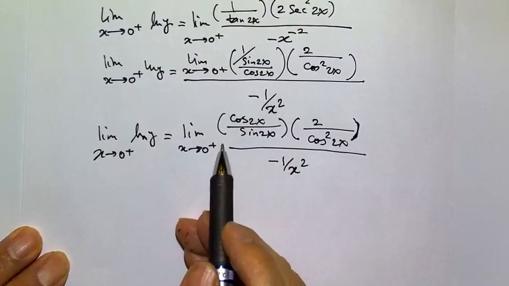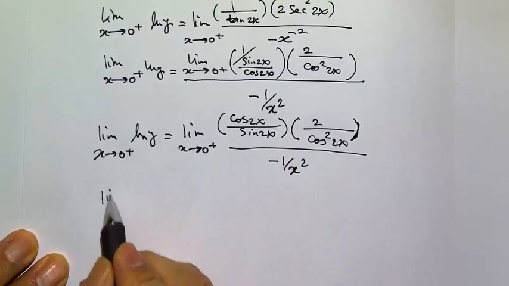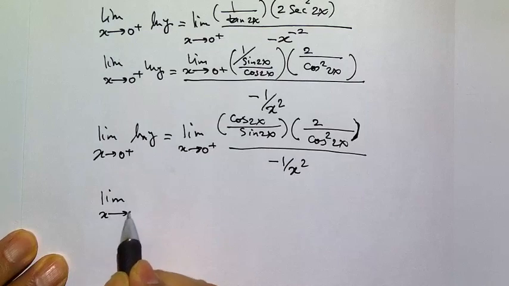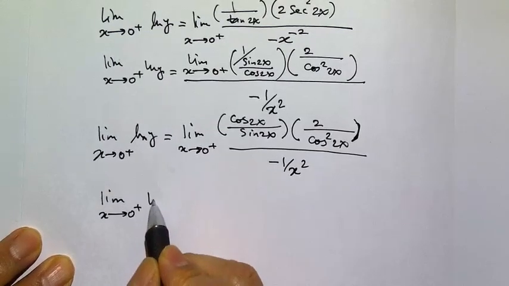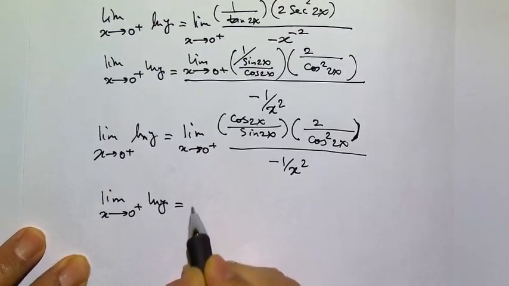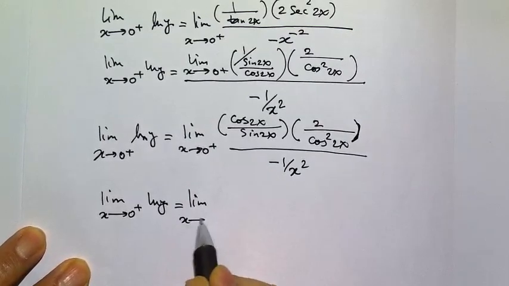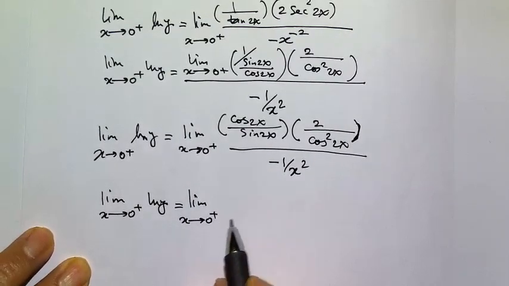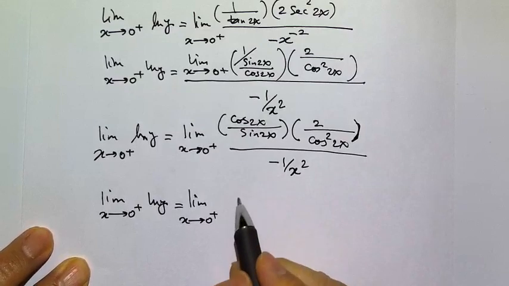So again, simplifying this a little more, we get the limit as x goes to 0 from the right of natural log of y equals the limit as x goes to 0 from the right. I'm just cleaning this up, simplifying it.